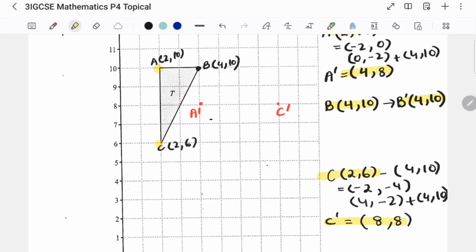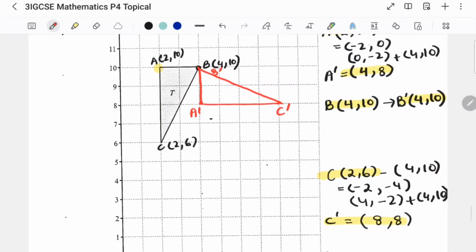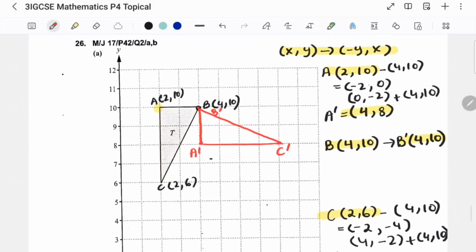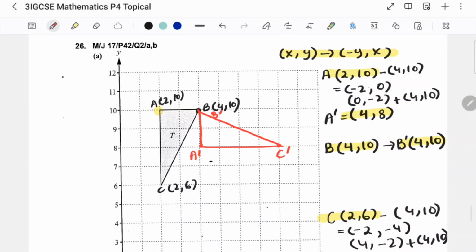C is coming to the center, and this is 90 degrees anti-clockwise about the point (4, 10). Now join them. This is your image of the triangle ABC after the rotation 90 degrees anti-clockwise about (4, 10).